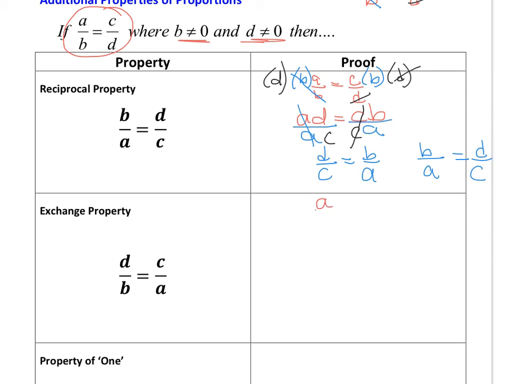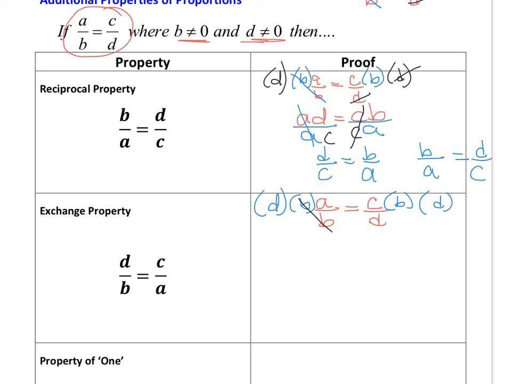So we have A divided by B equals C divided by D. We're going to undo this division of B with multiplication, and we're going to undo this division over here of D with multiplication. And whatever I do on one side, I not only can, but I have to do the same thing on the other side.